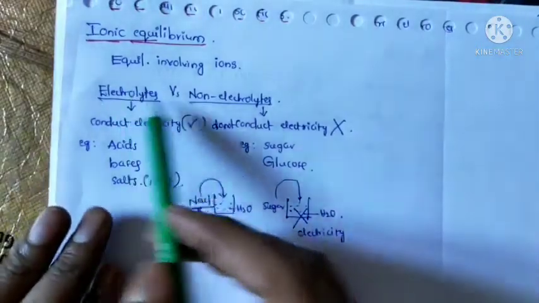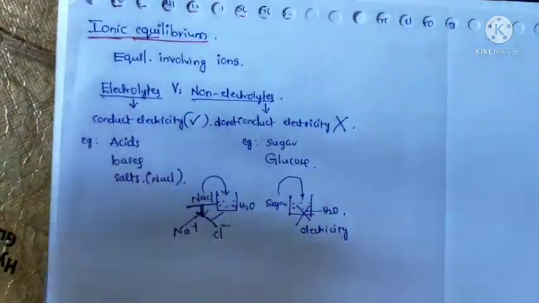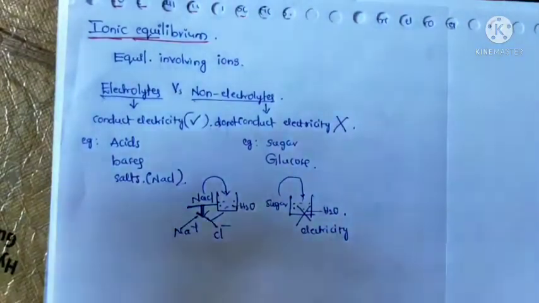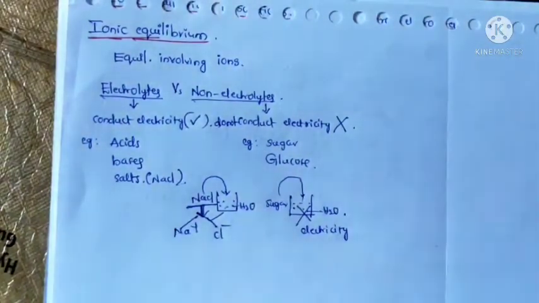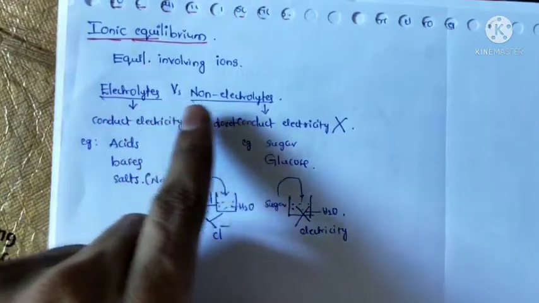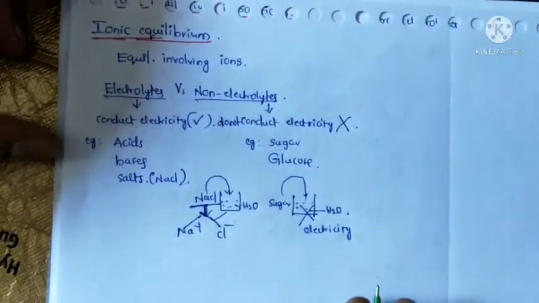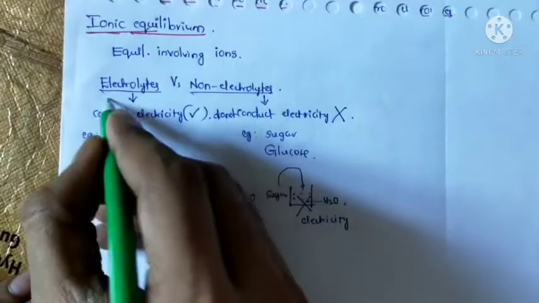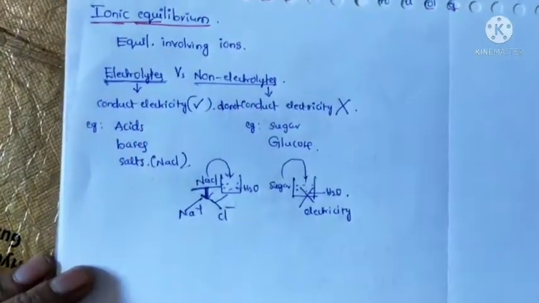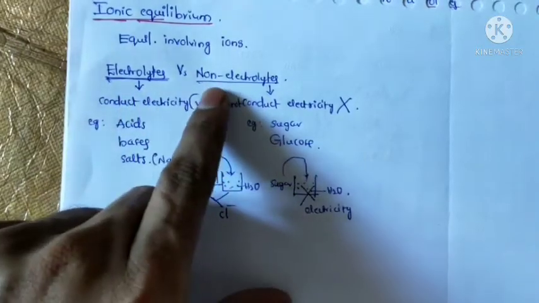In this chapter we will discuss just that substances are classified into two types based on conduction of electricity: electrolytes and non-electrolytes. Which scientist classified electrolytes and non-electrolytes?